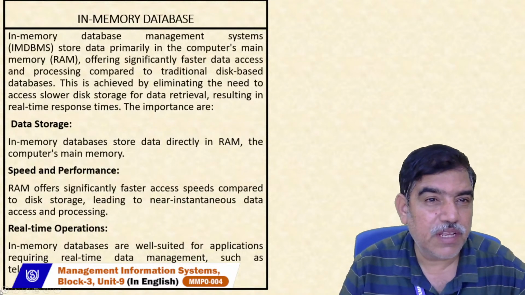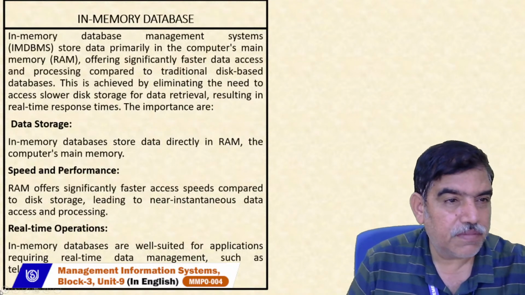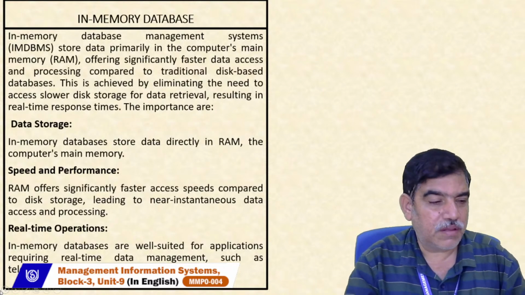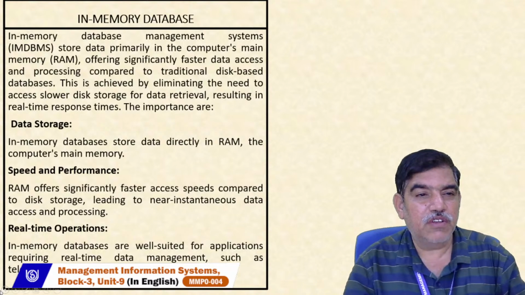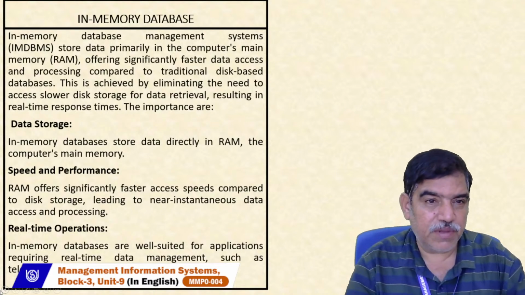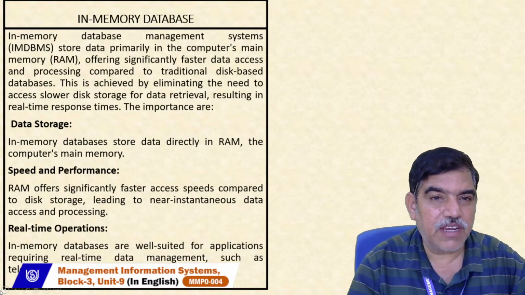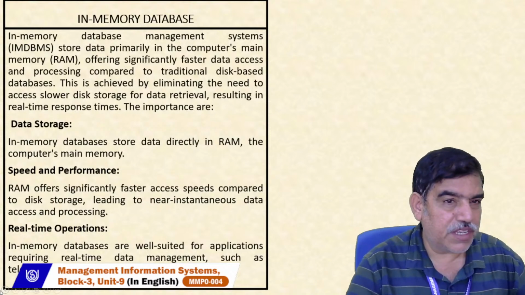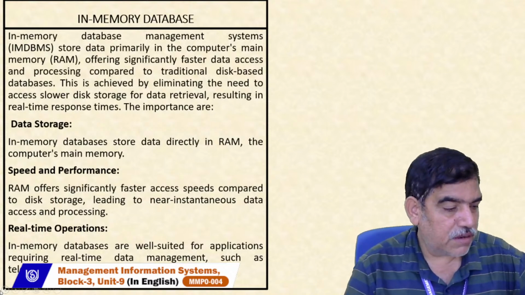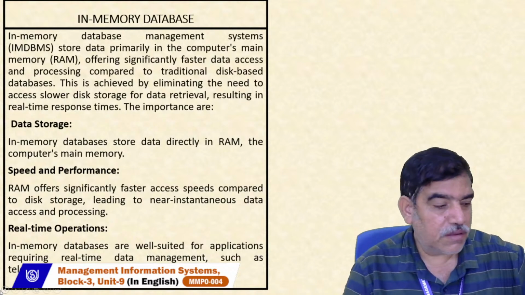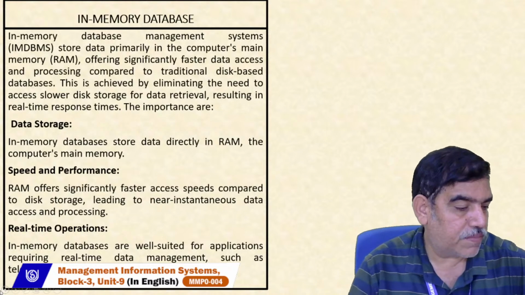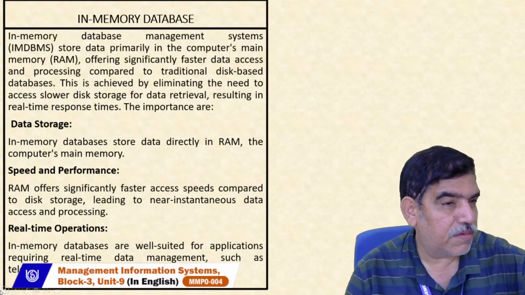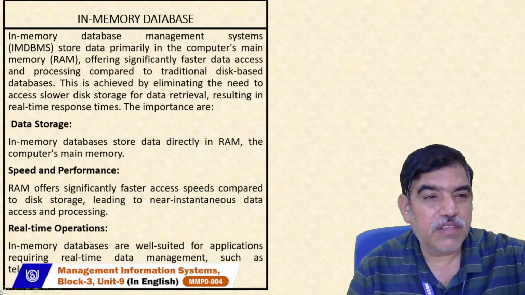Then we discuss in-memory database. In an in-memory database management system, DBMS stores data primarily in the computer's main memory, RAM, offering significantly faster data access and processing compared to traditional disk-based databases.